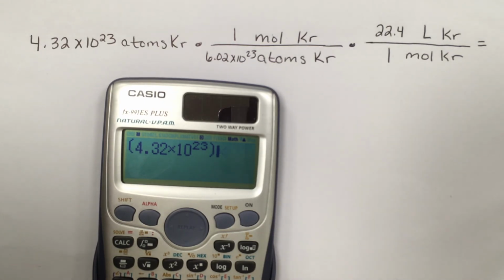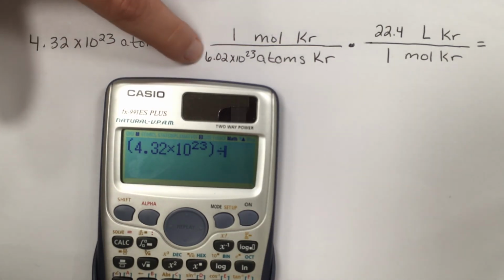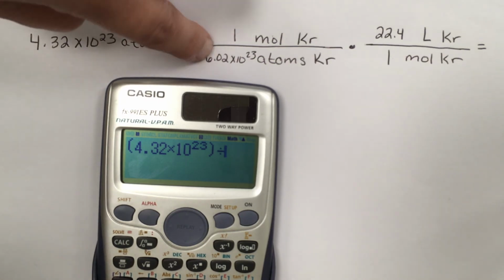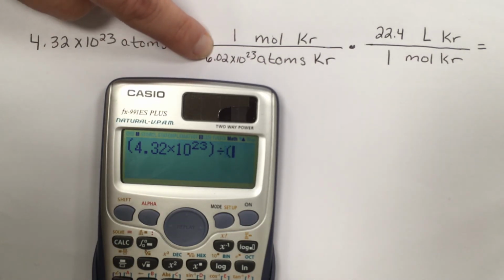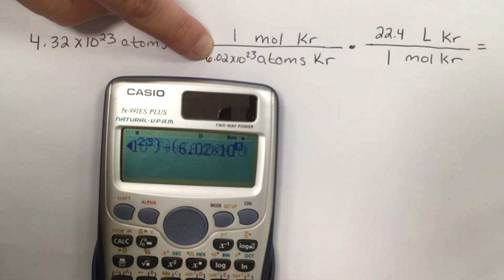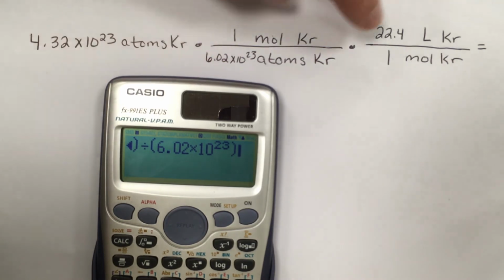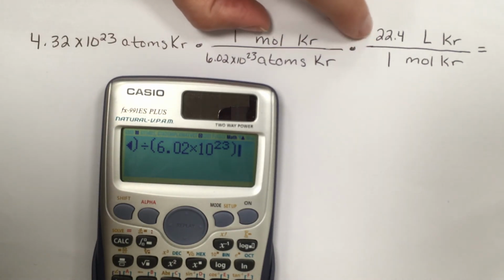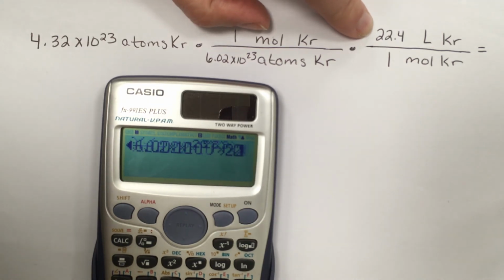And we are dividing, not multiplying, because the number other than 1 is on the bottom. We're going to divide by Avogadro's number, 6.02 times 10 to the 23rd. Now we are going to multiply because the number other than 1 is on the top, and I don't have to put that in parentheses. 22.4, equals.